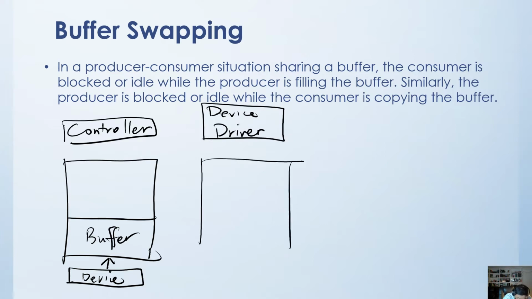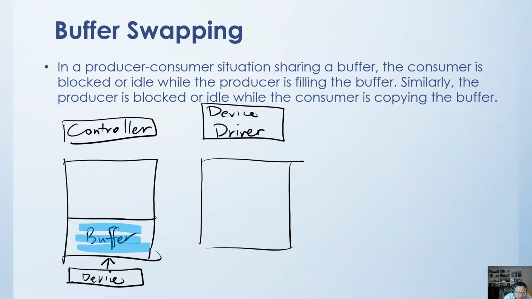Driver software. Now if the controller is moving the data from the device to the buffer during this time, the driver should be blocked because the driver cannot access the buffer, since the buffer is currently receiving the data from the device. When the buffer is full, it uses an extra flag to tell the driver, I'm free now, so you can access the buffer data.